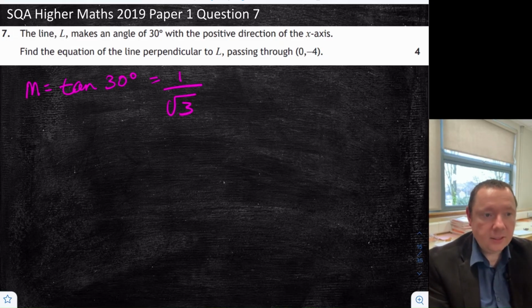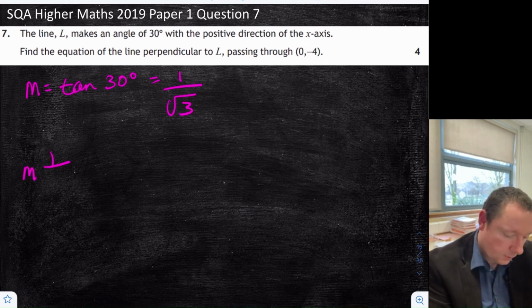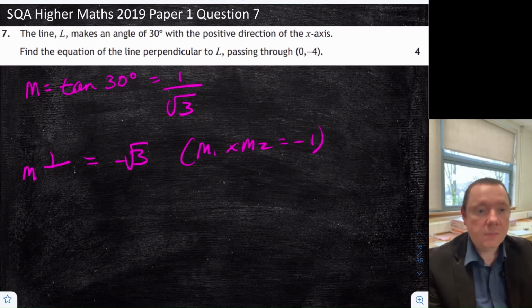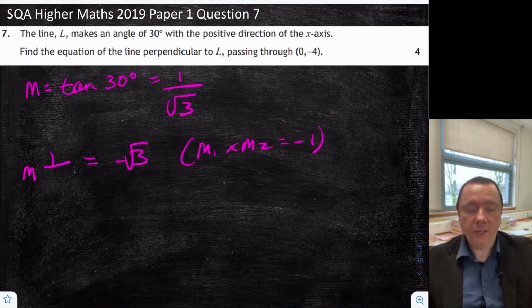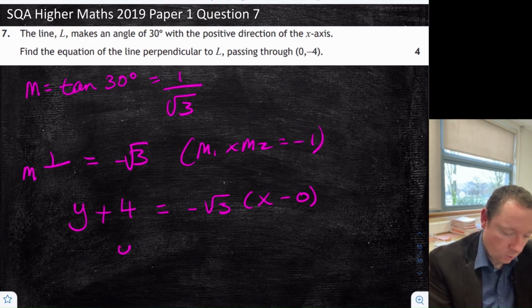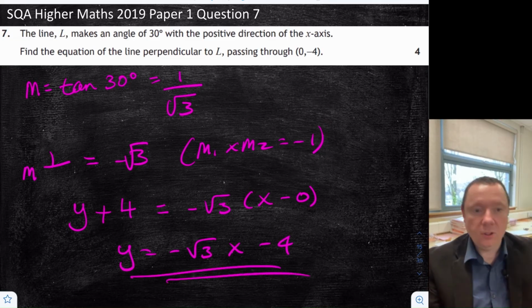So that means the gradient of our perpendicular is equal to minus root 3, since m1 times m2 equals minus 1. And then we can just use y minus b, y plus 4 then equals minus root 3 times x minus 0. So y equals minus root 3x minus 4, and we're done there.